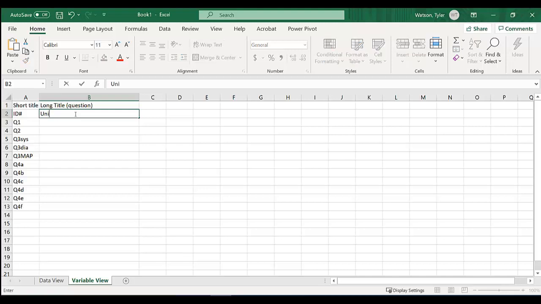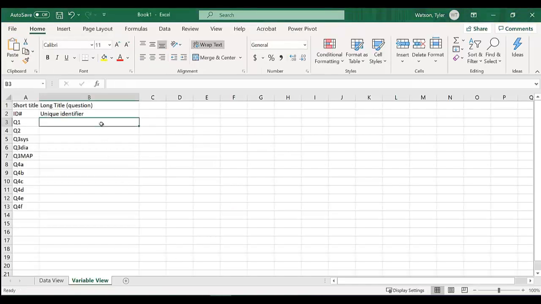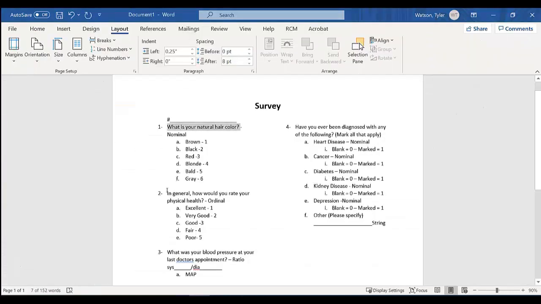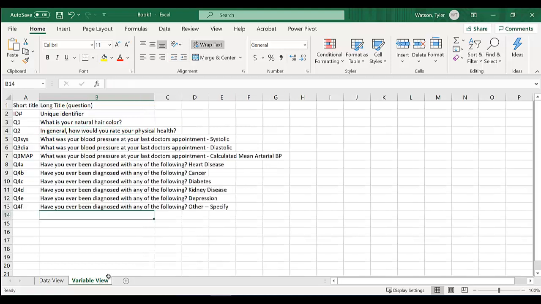And then this is just the unique identifier. And then I'm going to copy and paste from my survey back and forth. Copy, paste, Q2, and so forth.